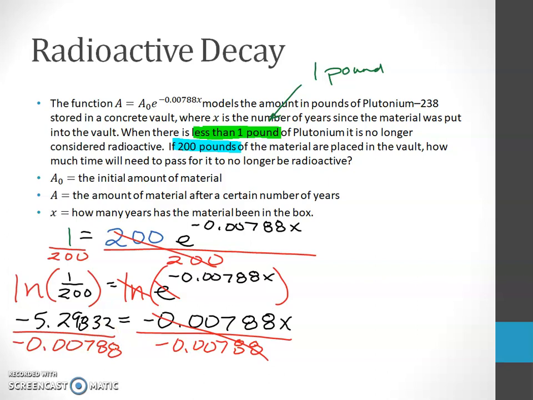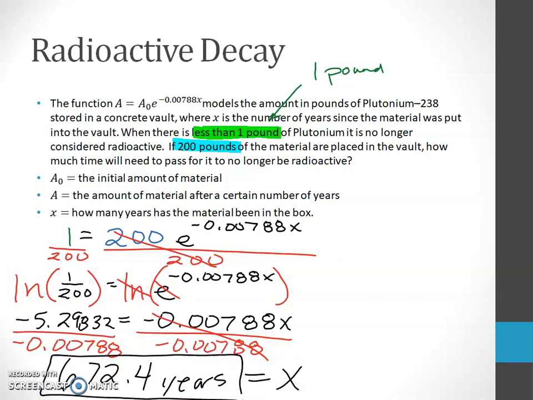So negative 5.29832 divided by negative 0.00788. And I end up with 672.37, so 672.4 years. So long time before that is no longer going to be radioactive.